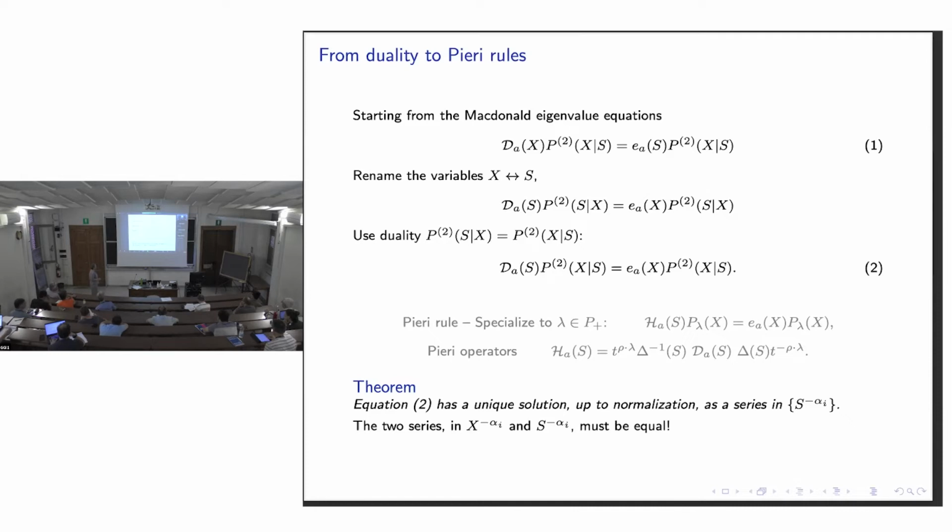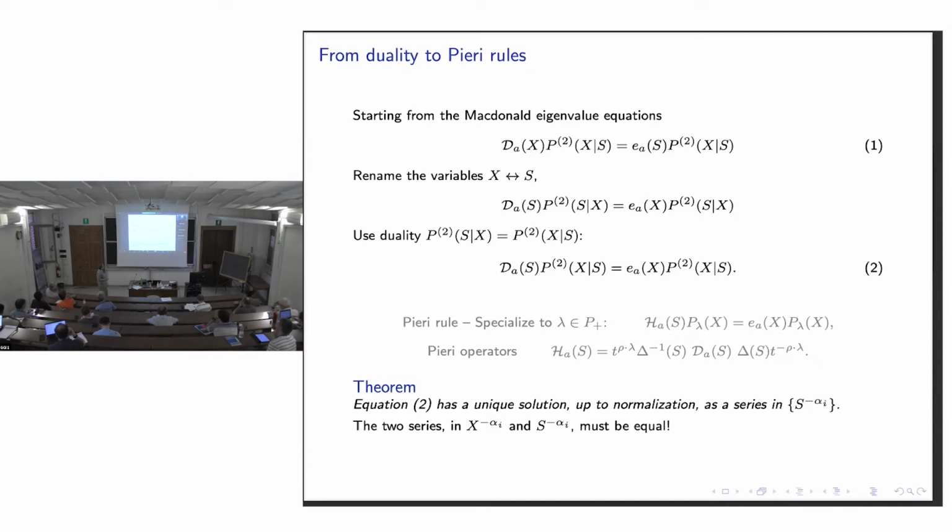Okay, again, this equation has a unique solution as a series now in s, because this is a q-difference operator in s in the same way that the Macdonald operator was a q-difference operator in x. This is a triangular system for the coefficients in an infinite series in s, and you can solve it.